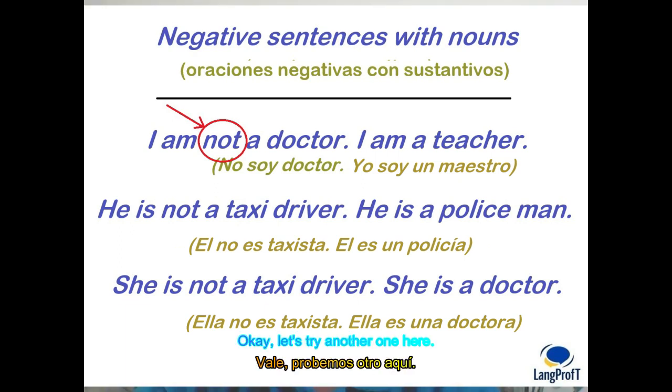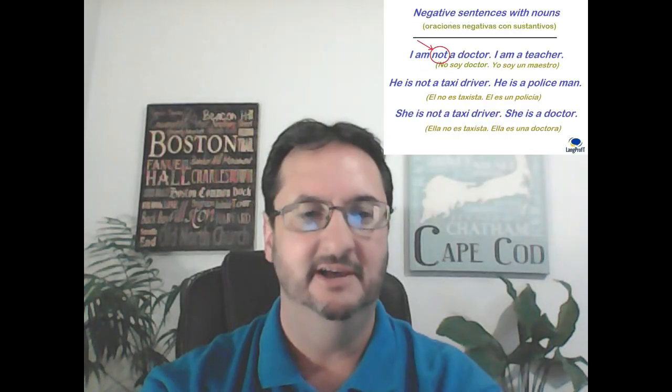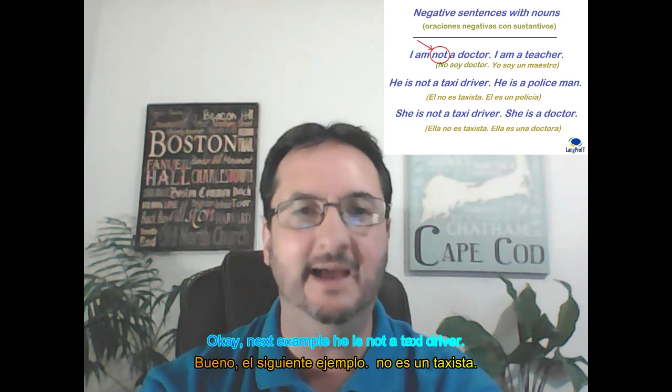Okay, let's try another one. Here we have an example. I am not a doctor. No soy doctor. I am not a doctor. I am a teacher. A negative sentence and then an affirmative sentence. Okay, next example.